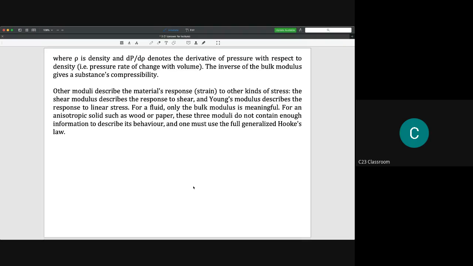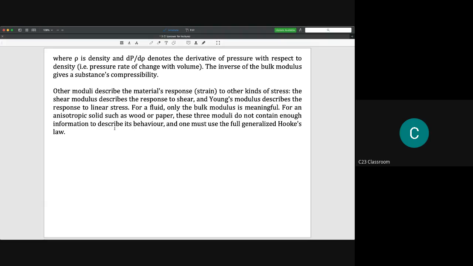Rho is the density, and dp/d rho denotes the derivative of pressure with respect to density, and the inverse of the bulk modulus gives a substance's compressibility. Other equations describe the material response to other kinds of stress.